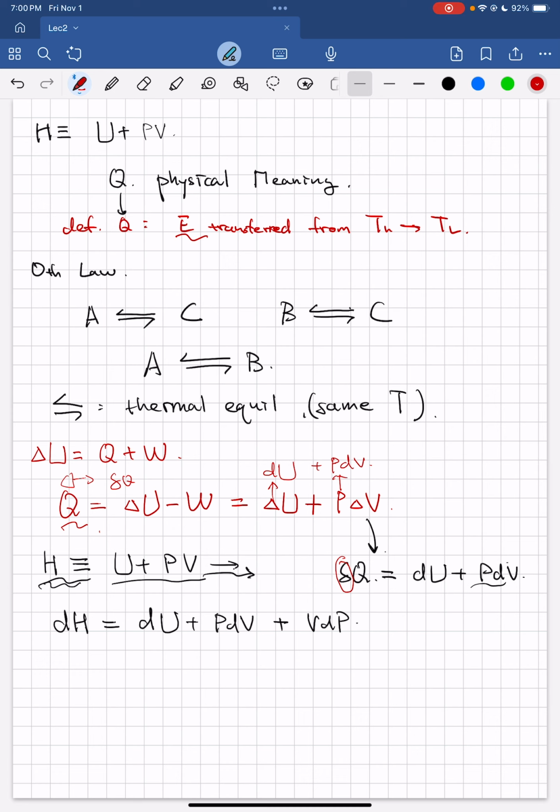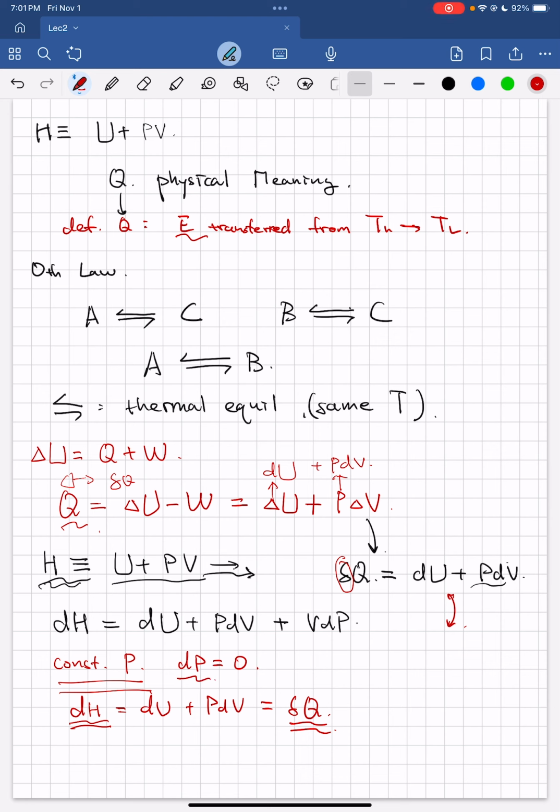Anyway, when you think about these two relationships, they are going to be the same at constant pressure, right? Because dP is going to be 0. So dH equals dU plus PdV, which is delta q, right?